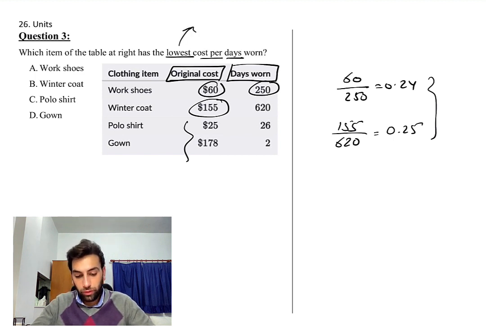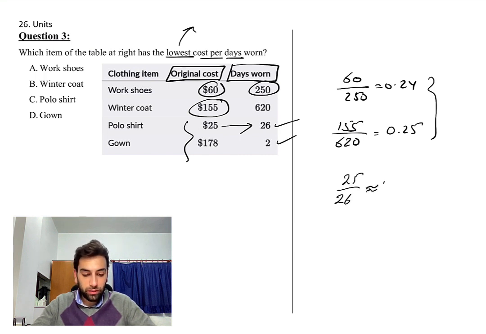Now, if you think through this exercise, for those two choices, the answer here is approximately equal to 1. So 25 over 26, that's approximately equal to 1, which is 0.90 something, okay, 0.96 for example. Whereas in this case, this would give me a huge number. So 178 divided by 2 will give me 89.